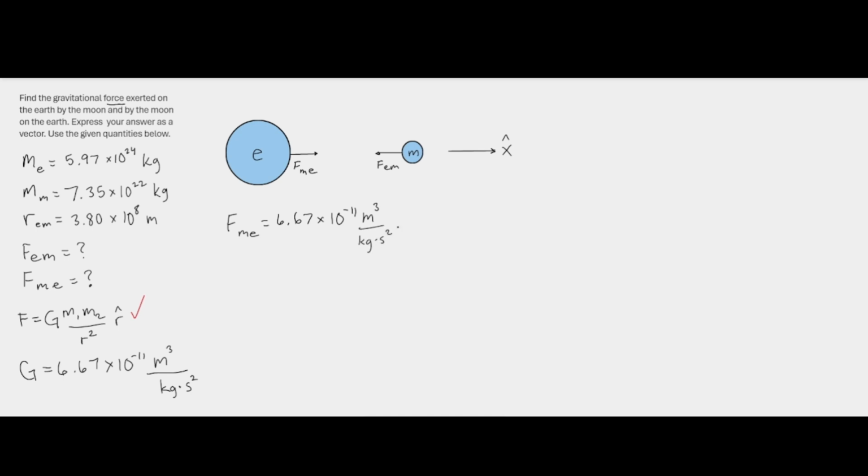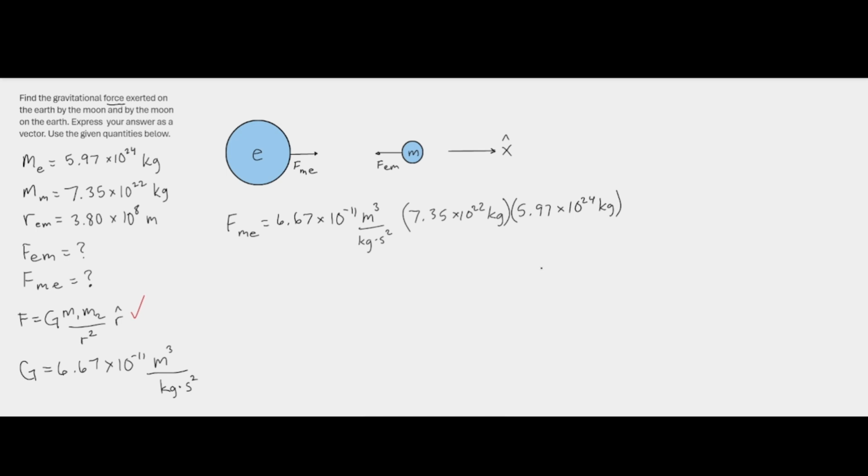So that's G. M1 is the mass of the moon, so I'll put in, using parentheses to break this up, 7.35 times 10 to the 22nd kilograms. That's mass 1. Mass 2 is the mass of the Earth, 5.97 times 10 to the 24th kilograms.